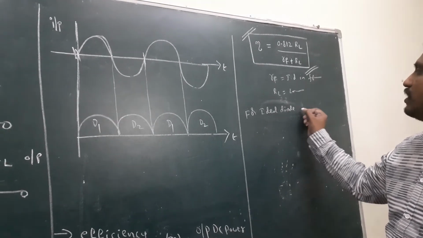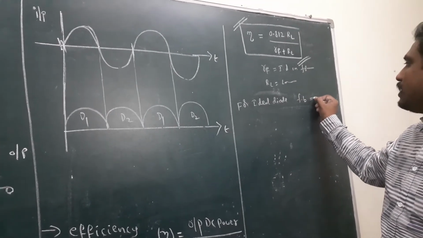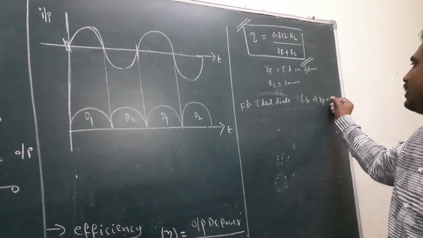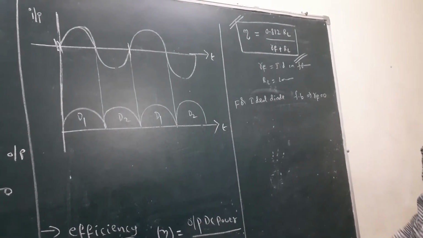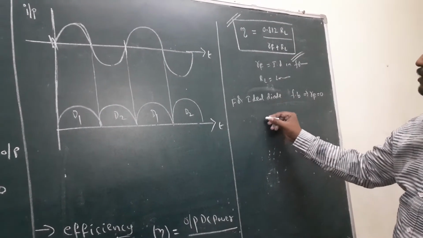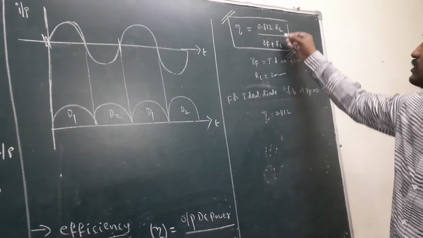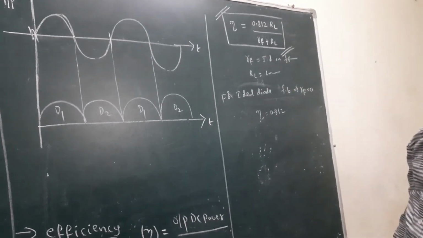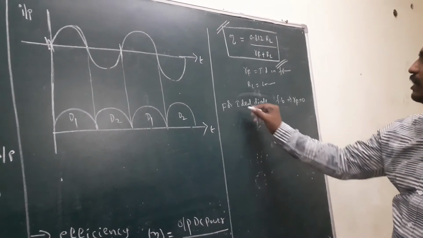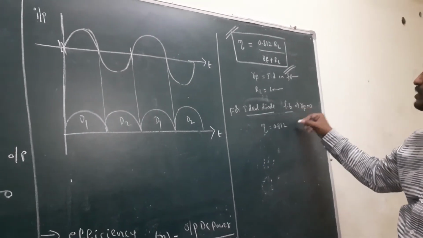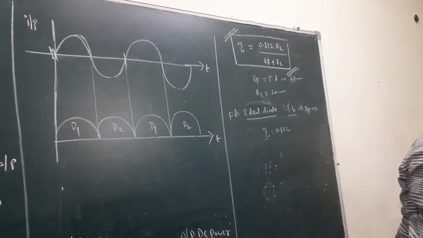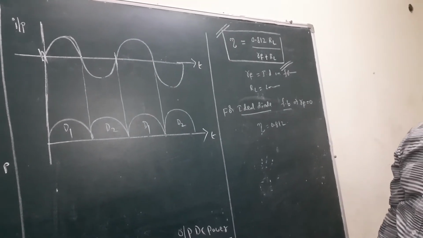For an ideal diode in forward bias, the internal resistance becomes what, nana? 0. So I substitute, eta becomes 0.812, because RL cancels. For an ideal diode, forward bias internal resistance is 0, and reverse bias internal resistance is infinity.